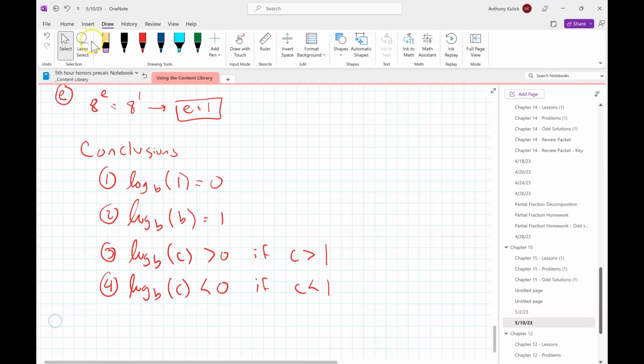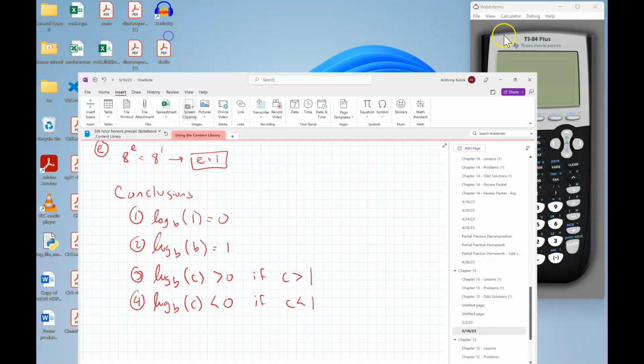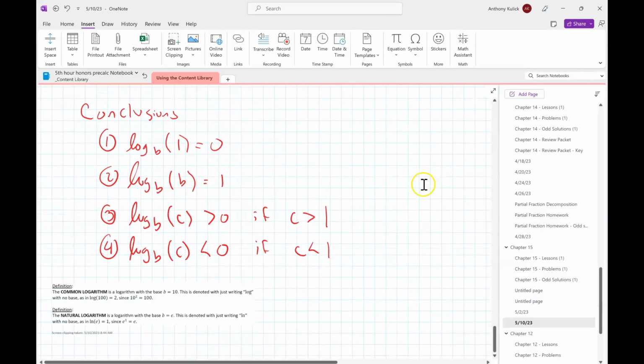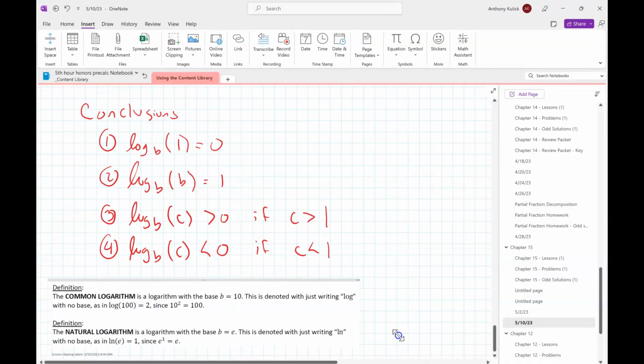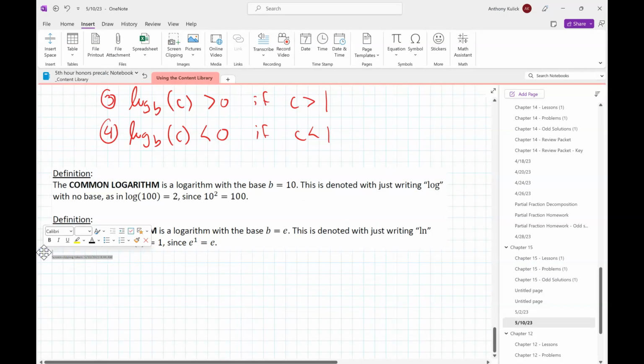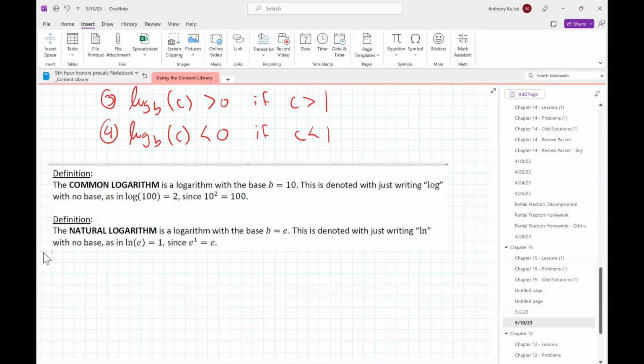Couple of little vocabulary pieces. I think we've talked about each of these already. There are 2 special logarithms that get their own name. They are the common log, which we just write log with no base written in, where we assume the base to be 10. And then there's the natural logarithm that we write ln.